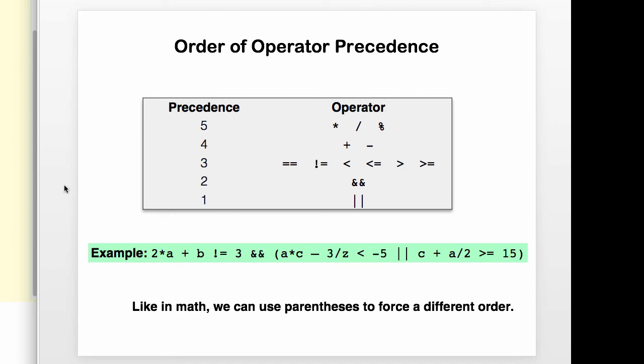If you're ever in doubt, feel free to use parentheses to force whatever order you're looking for. So if we wanted this or operation to happen first, we would put the parentheses there, and then we would take the and of this Boolean expression as well as the result of this Boolean expression. This is a pretty complicated expression that we probably aren't going to see in this class, but it's just an example to show how all of these operators relate to each other in terms of operator precedence.